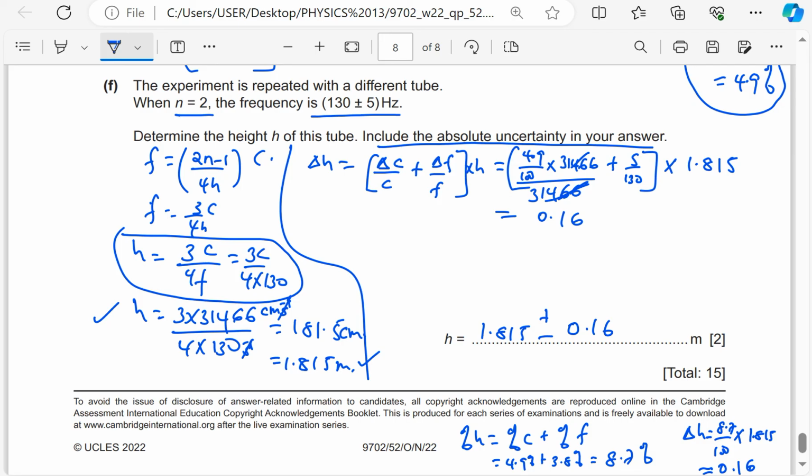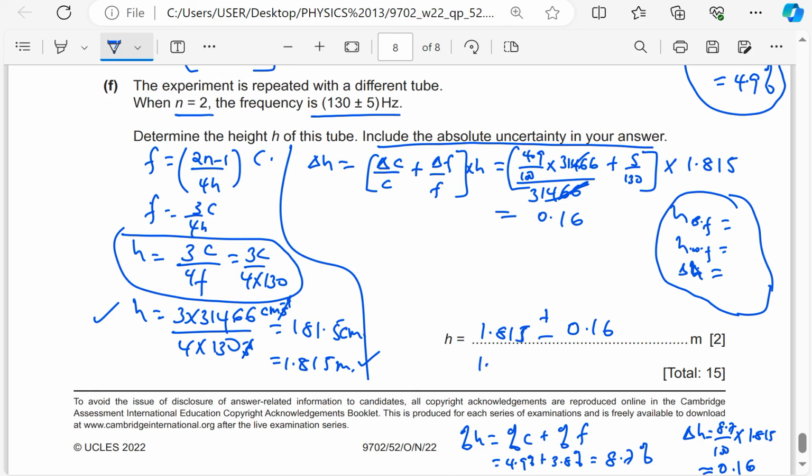So I would find H for the worst value using the worst value of C. Then I subtract the two values to find the absolute uncertainty in H. In other words, I have H for the best fit, which we have already got. Then I get H for the worst fit. I just replace where there is C with C for the worst value. Then I find the absolute uncertainty in H by subtracting, and then you just add it here.